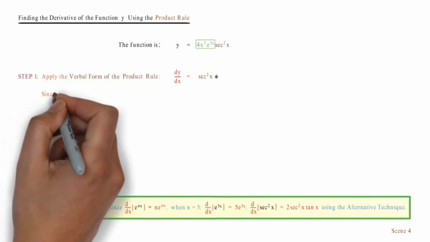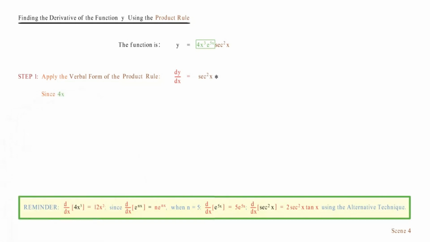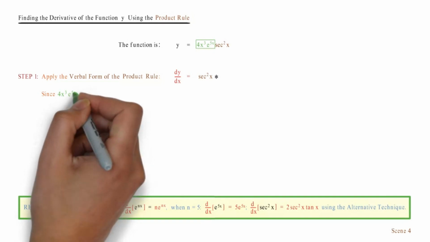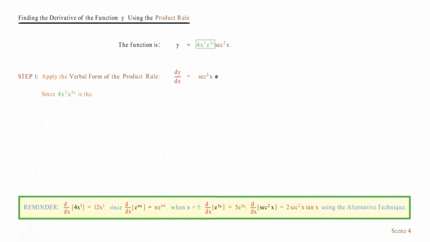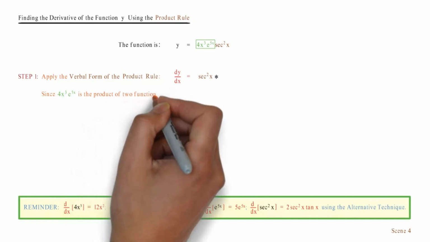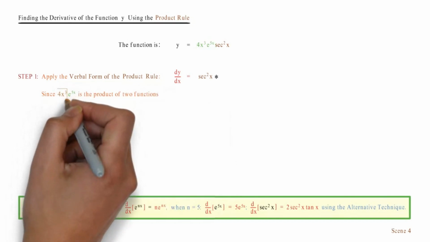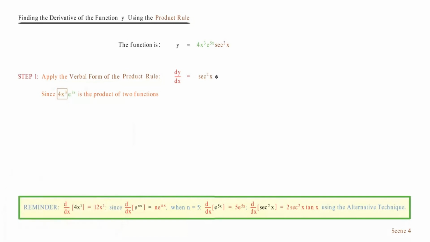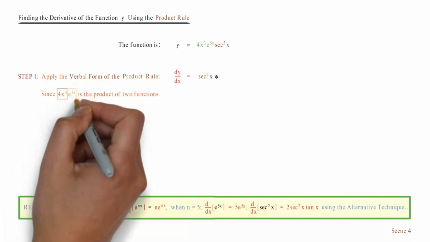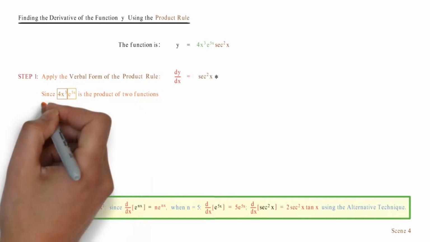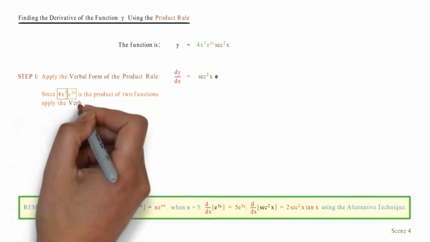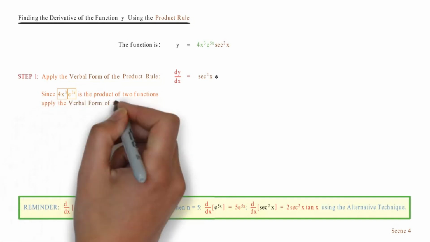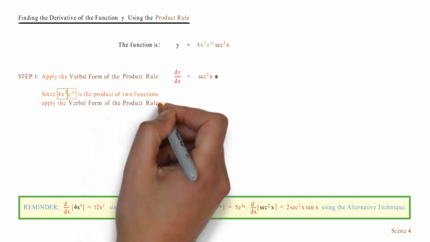However, since 4x cubed e to the 5x is the product of two functions, 4x cubed and e to the 5x, apply the verbal form of the product rule.